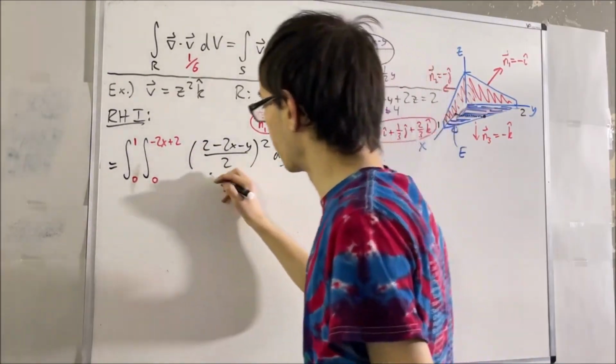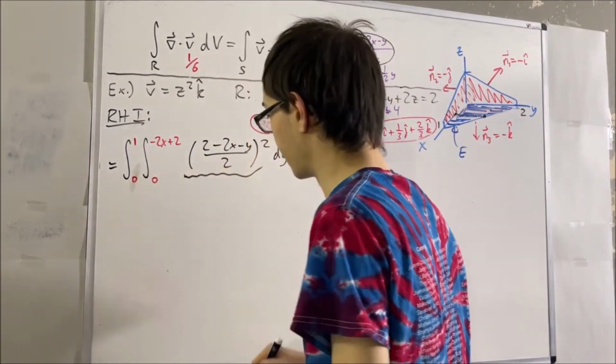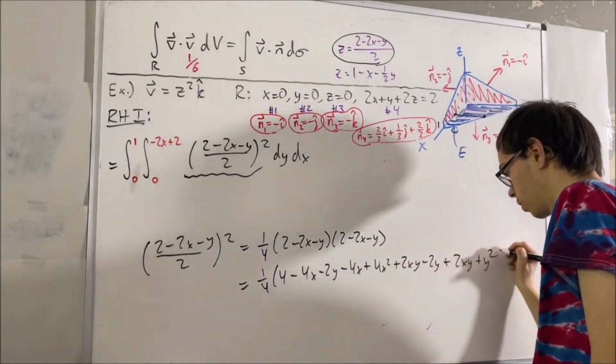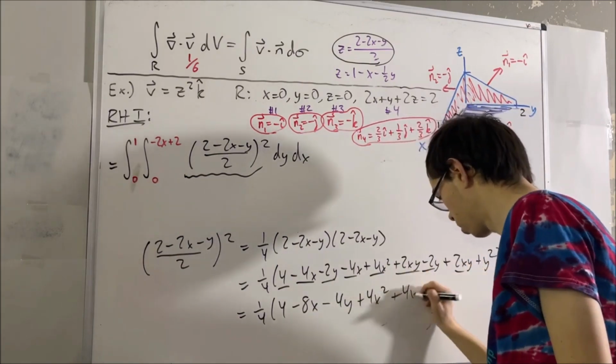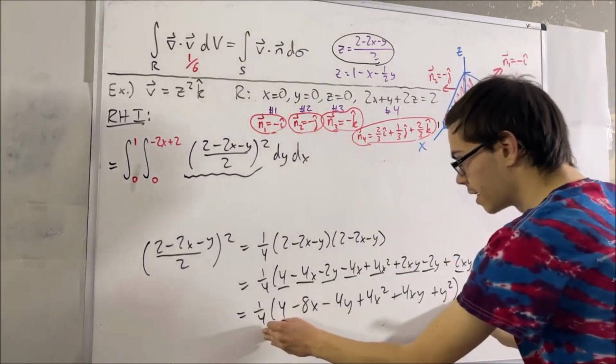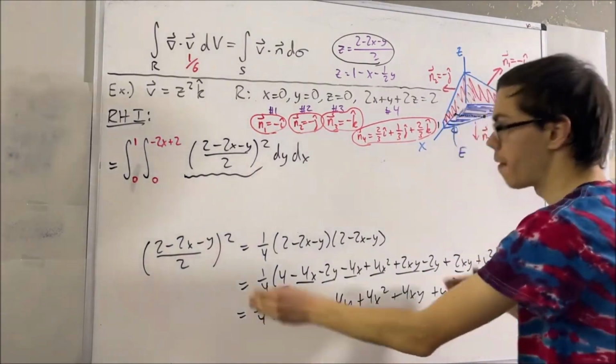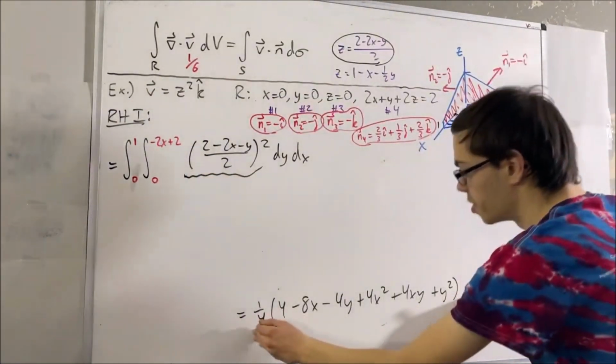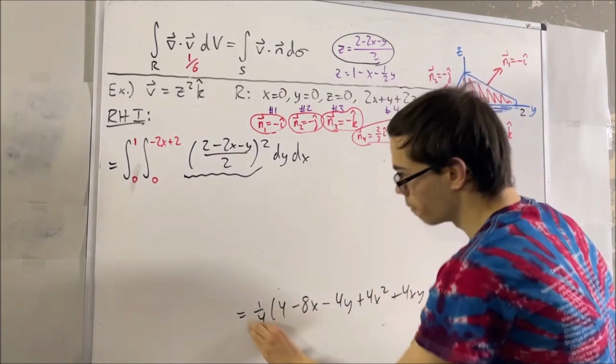Now I'm just going to algebraically expand this thing out. And so this is really what we get. I'm going to resubstitute this back into the integral. So resubstituting this back into here, I can put the 1/4 to the outside.